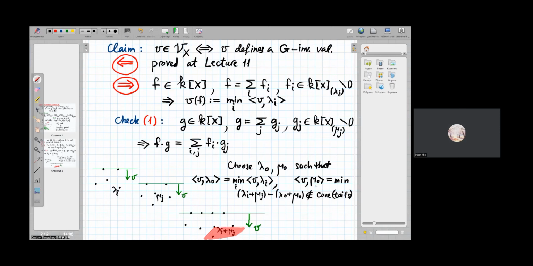If you define lambda naught and mu naught like this, then the last line can be proved by applying v to the left-hand side.